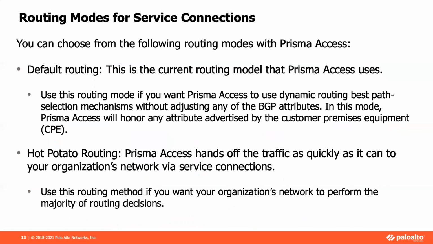Our default routing model is that we will leverage default routes, BGP routes, our internal routing, all that sort of stuff to get a user from point A to point B as fast as they can. And this is especially true when we're talking about that model where we may have a user in one branch office talking to a user in another branch office, or a mobile user talking to a user in a branch office.